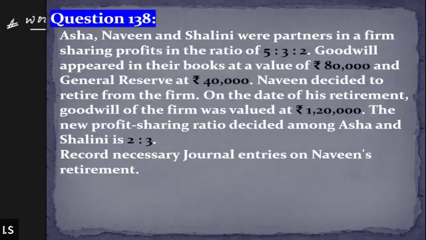We understood the calculation of NPSR, new profit sharing ratio, and also the treatment of the goodwill whenever a partner is retiring from the partnership. In the previous class, we did a question based on the formation of the revaluation account, right? And I think I gave you one question for your homework at the end of the session, I guess.